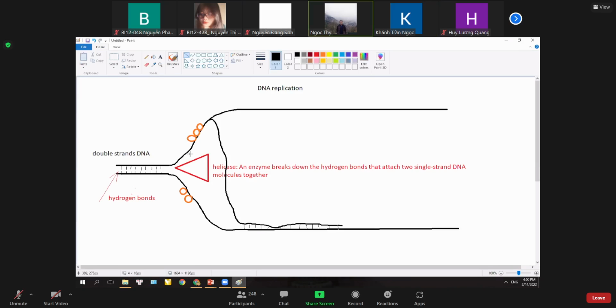Yeah, it keeps the two DNA strands separate, to maintain the space so the other complex can come and bind in there. Okay. So this protein.